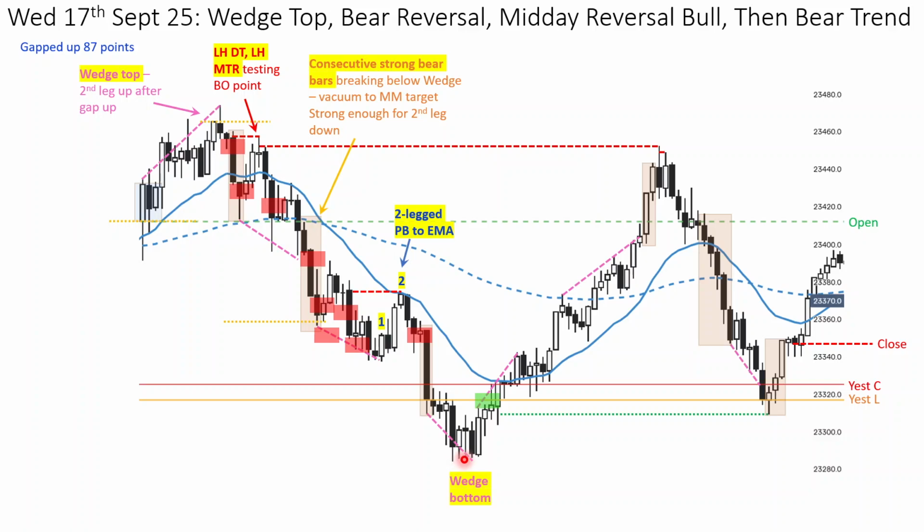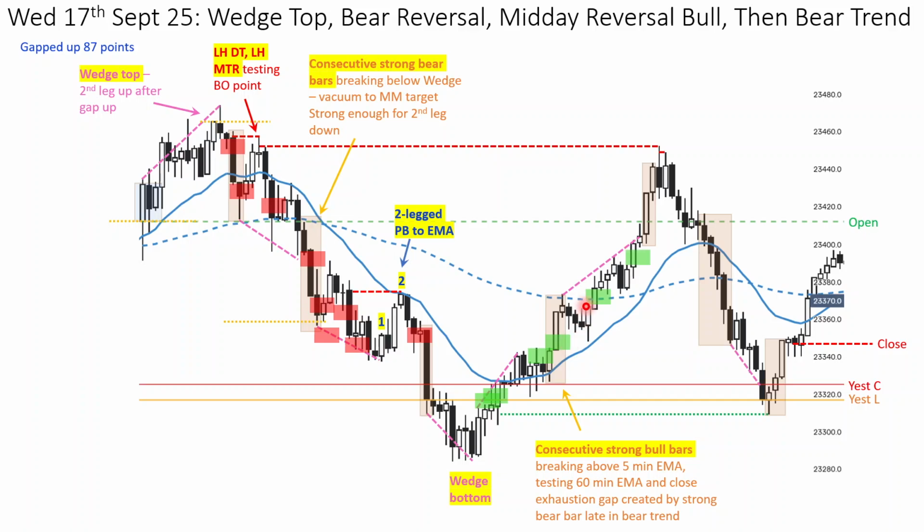But once we've formed a wedge bottom, looking for strong bull bars now to go long above, we get our first opportunity just after the wedge bottom's formed, looking for initially a test of the top of the climactic bear bar to close the exhaustion gap, continue buying on the way up and pauses, and then once we get a series of strong bull bars breaking above the 5-minute EMA with follow through, it's reasonable to continue buying on the way up.